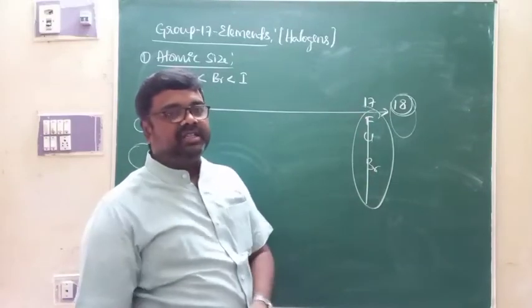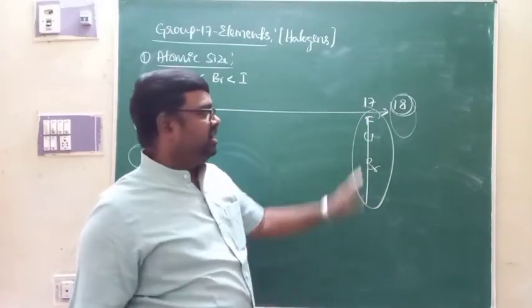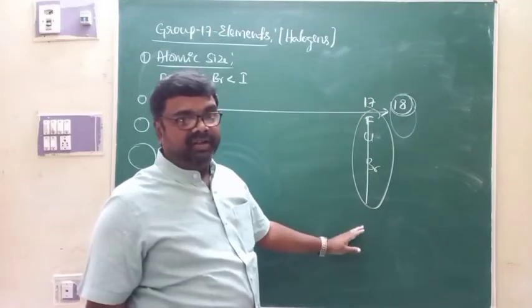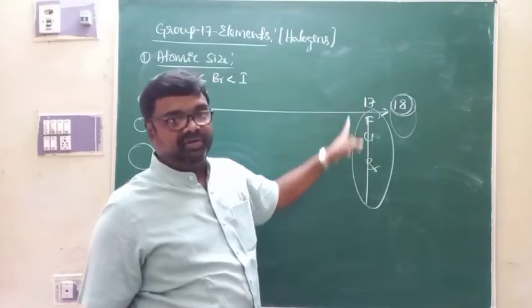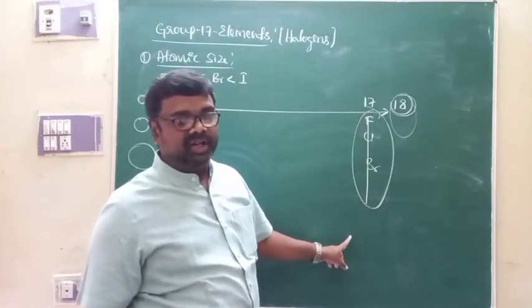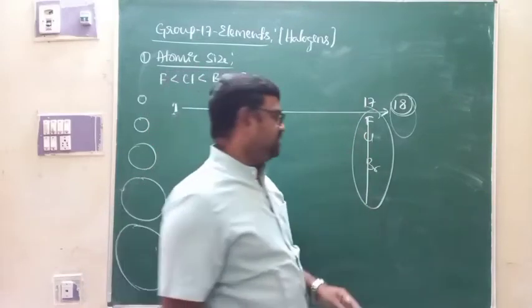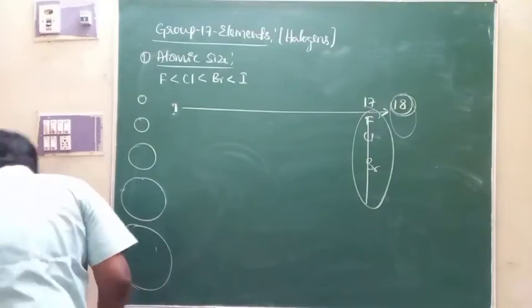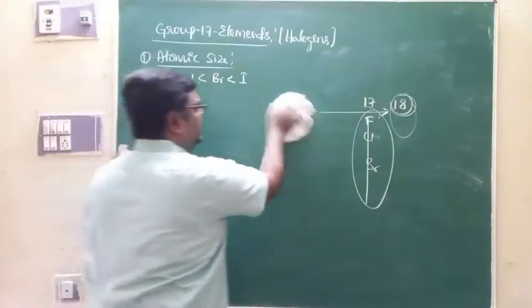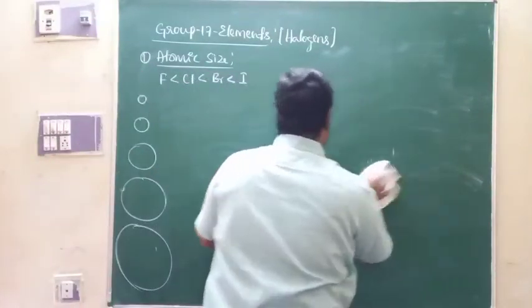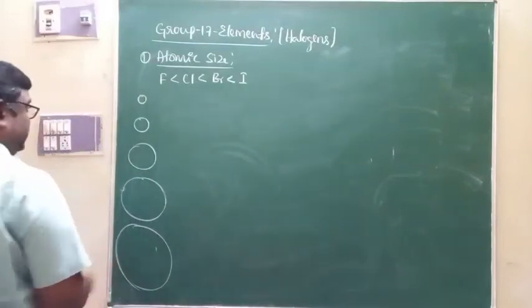The smallest element in a given period will be present in group 17 only. So that is atomic size, which increases from fluorine to astatine.